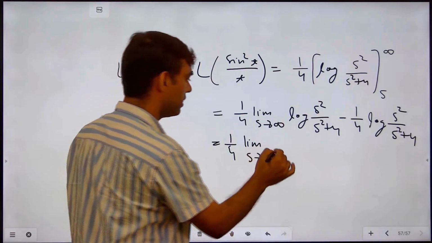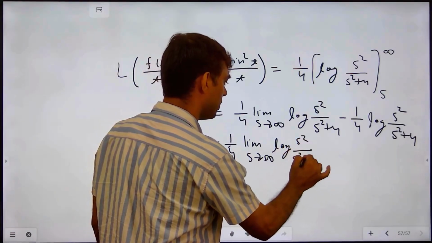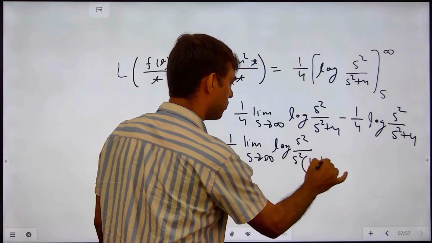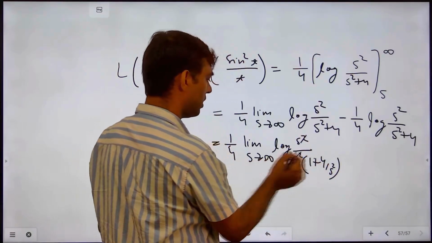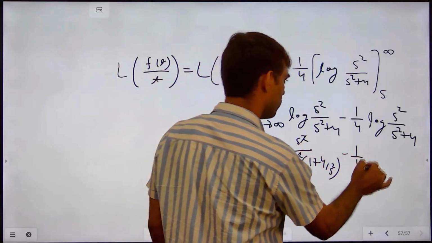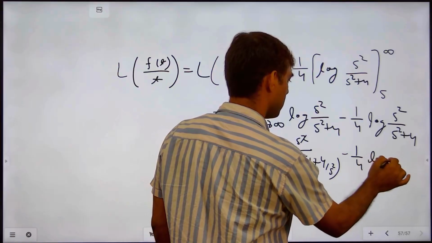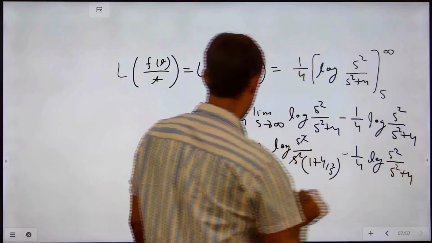If we take s² outside here and here, then 1 plus 4/s² cancels out as s tends to infinity, and this becomes log 1 minus 1/4 log of s²/(s²+4). So what is the answer?